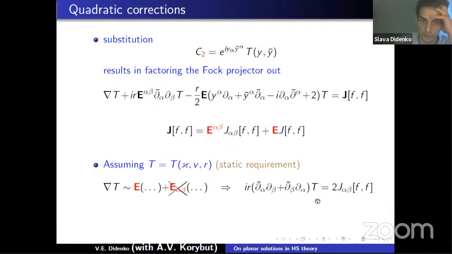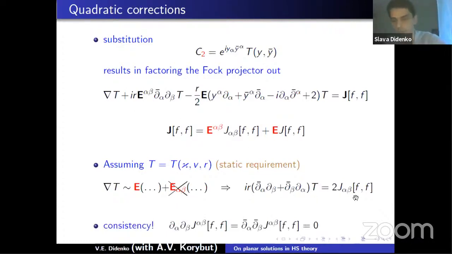That implies a stringent consistency constraint for the right-hand side, which does not follow from the consistency of higher spin equations. So it should be checked separately.